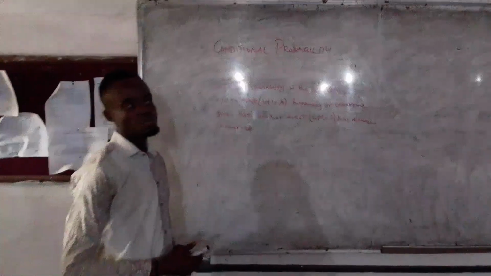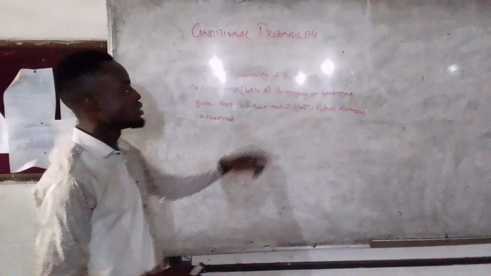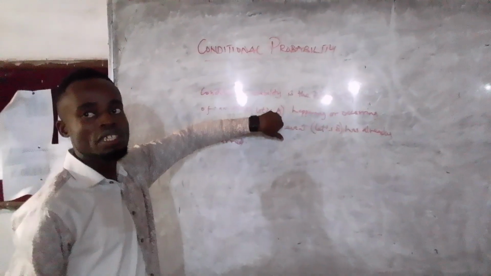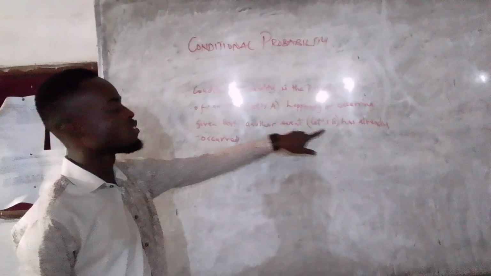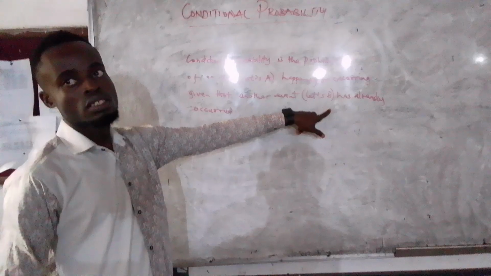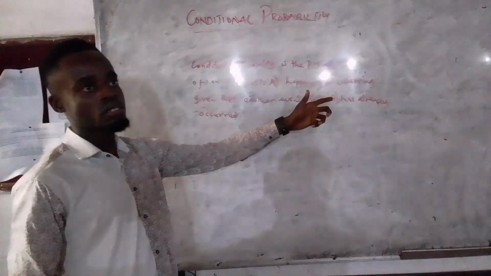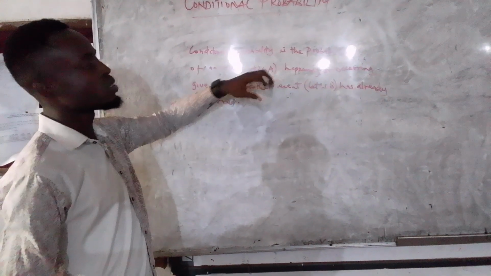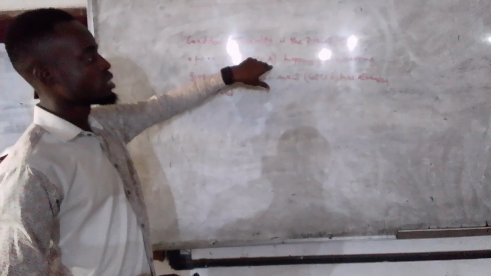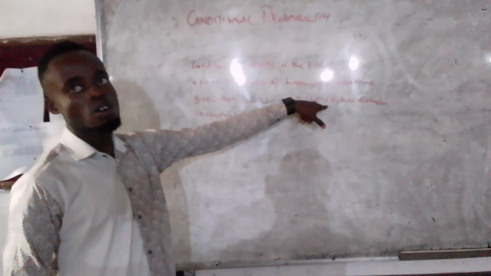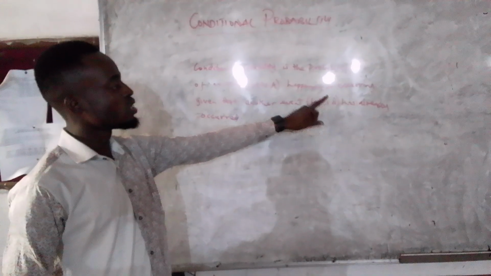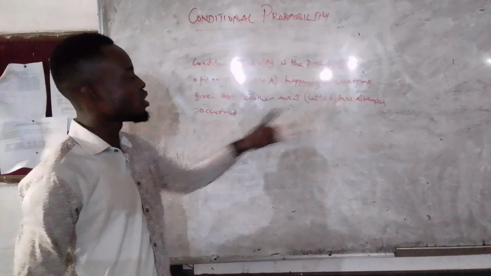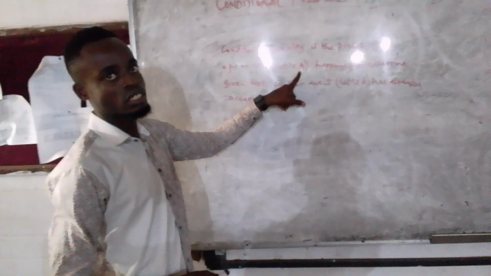Now, what does that mean? It simply means that the probability of A occurring depends on the probability of B occurring. So for us to get the probability of A, B has to occur first. Given that B has already occurred, the probability of A might be affected.